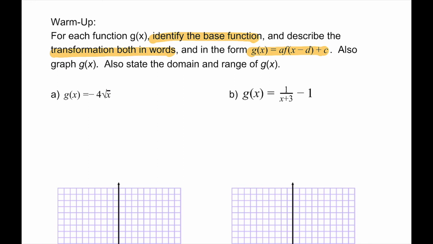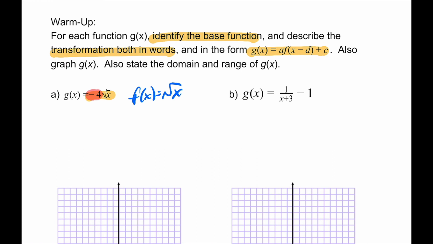So for a, we have g of x is equal to negative 4 root x. So the parent function here is the square root function, so root x. So let's describe the transformation in words. My hint is getting my A, C, and D attributes. In this case, we just have an A attribute.